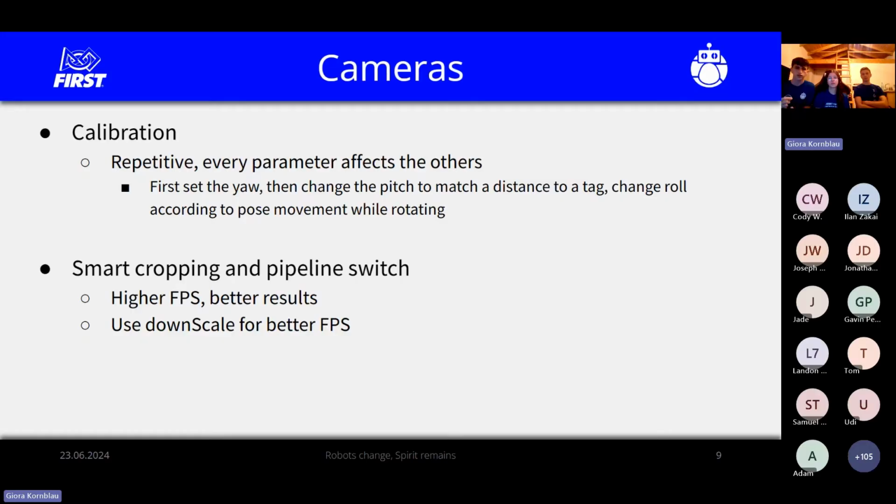And then we take the distance from the lens of the camera to the ground in order to get the Z offset. After that, we are getting close to the tag and setting the yaw as the calculation that PhotonVision or the Limelight has shown us.